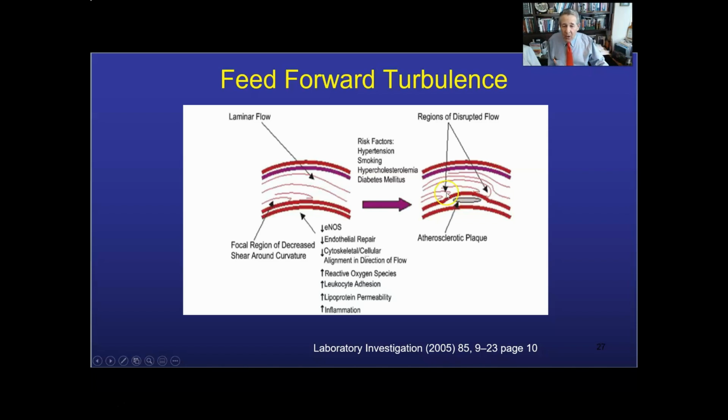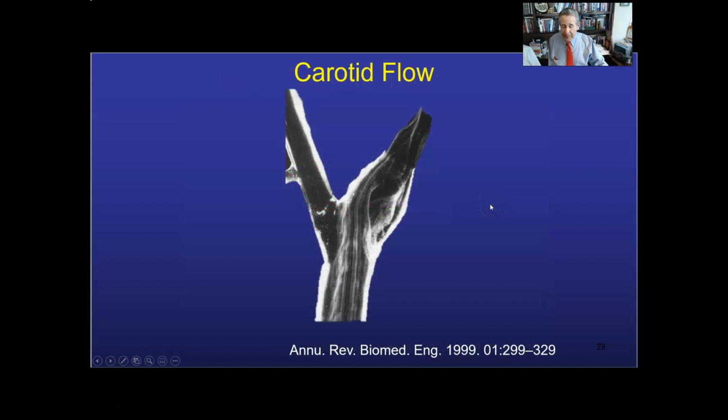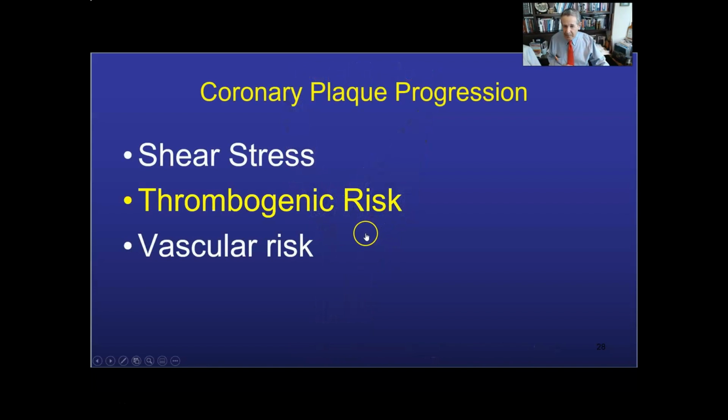The abnormal flow occurs further down the artery, so now this area is at risk for atherosclerosis. Here's a rabbit carotid where they looked at laminar flow, and here's laminar. Here around the curve is the disturbed flow. This is where we always see the plaque develop.